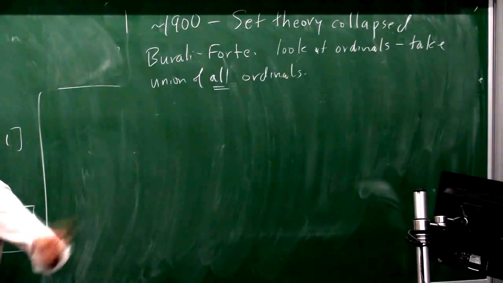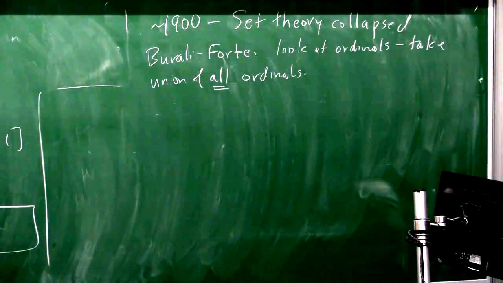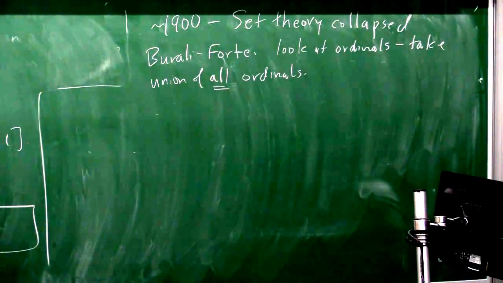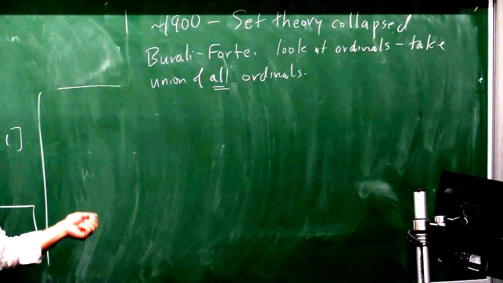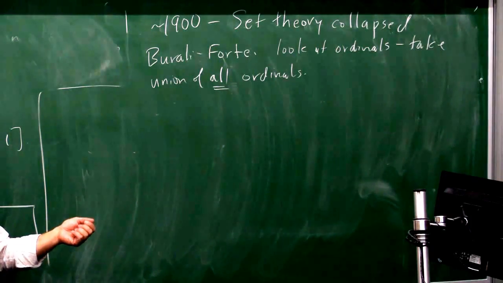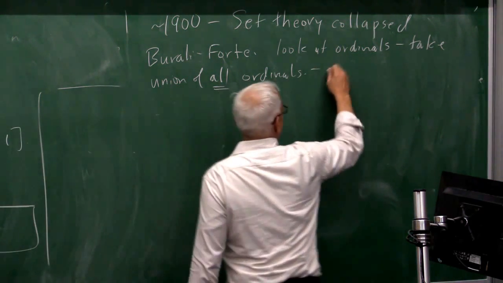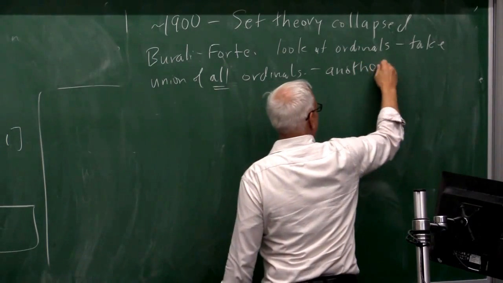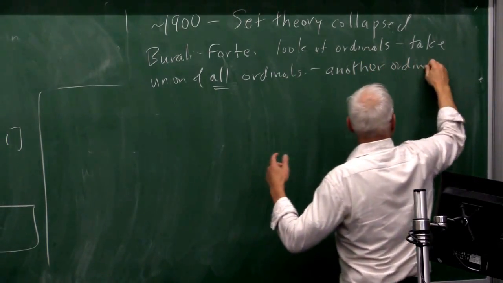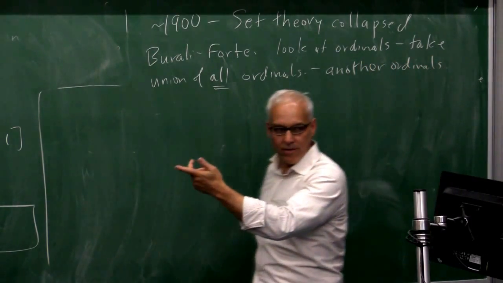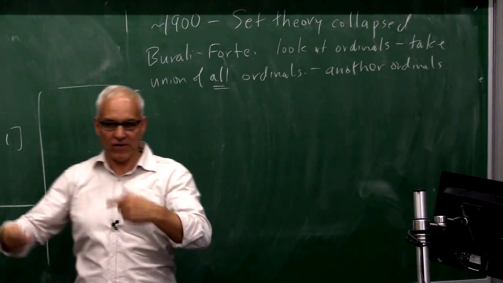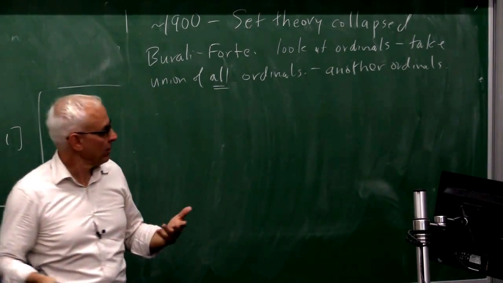And the other way is to take the union of everything up to a certain point. So Burali-Forti said, well, why don't we just take the union of all ordinals? That should be another ordinal. But which one is it? Because we've taken the union, this should be bigger than all of the other ones. But if it itself is an ordinal, how does that work?